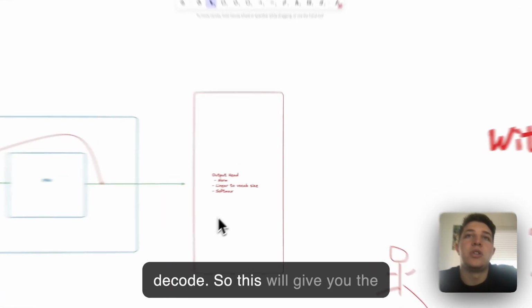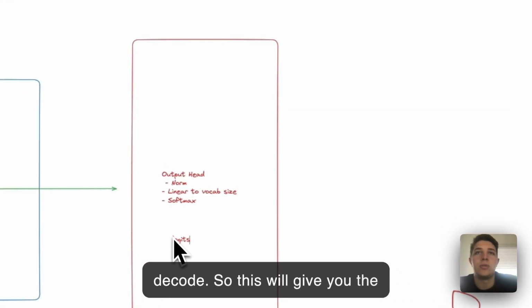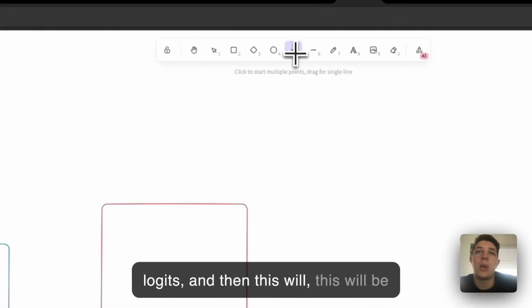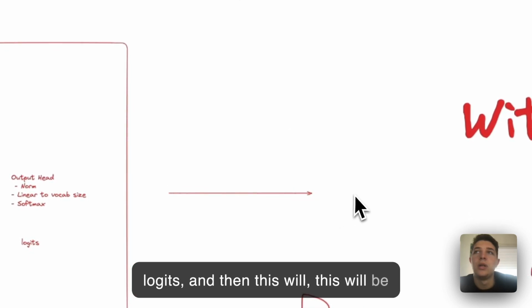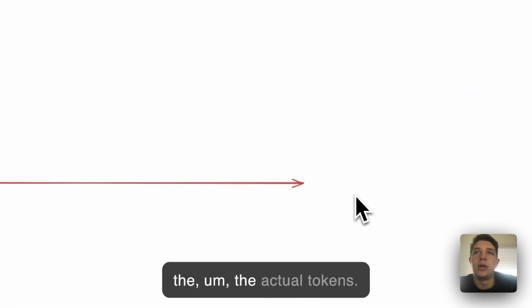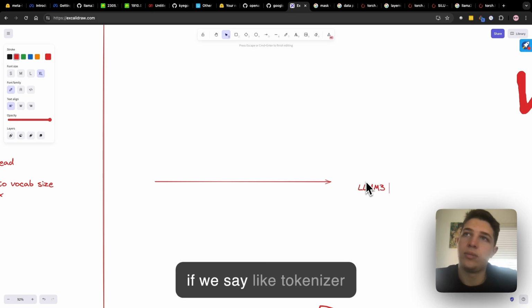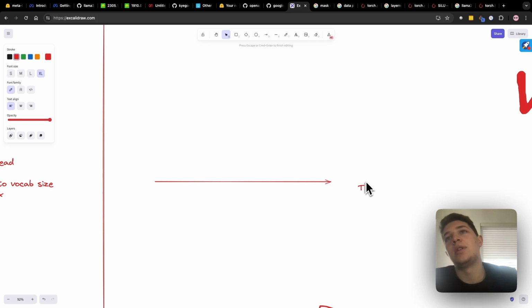So this will give you the logits, and then this will be the actual tokens. So if we say tokenizer decoder.